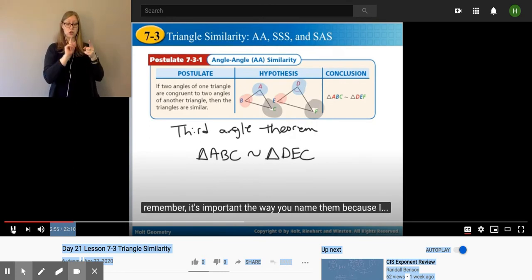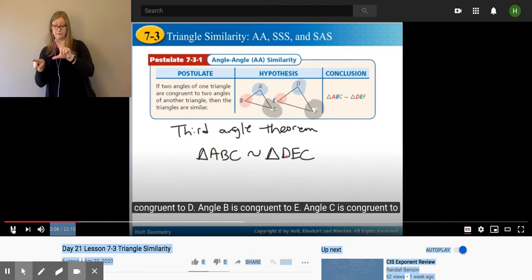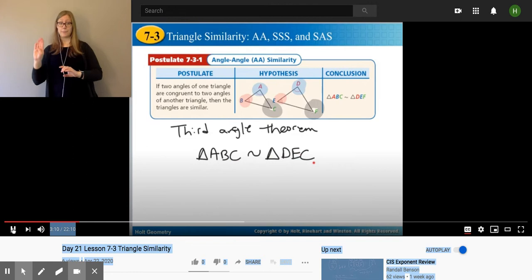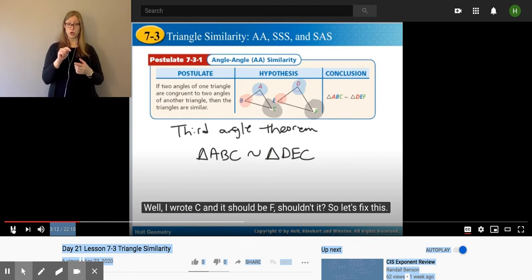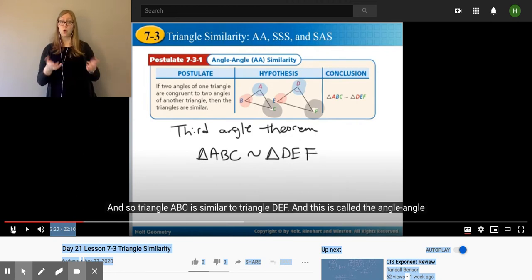And remember, it's important the way you name them because writing this similarity statement implies that angle A is congruent to D, angle B is congruent to E, angle C is congruent to, well, I wrote C and it should be F, shouldn't it? So let's fix this. Is congruent to F. And so triangle ABC is similar to triangle DEF.